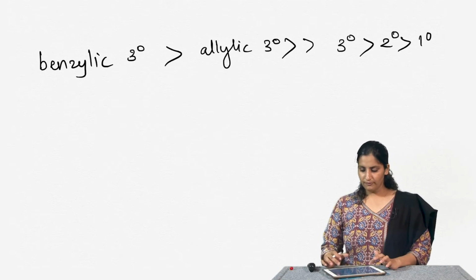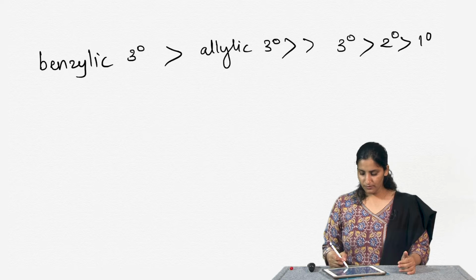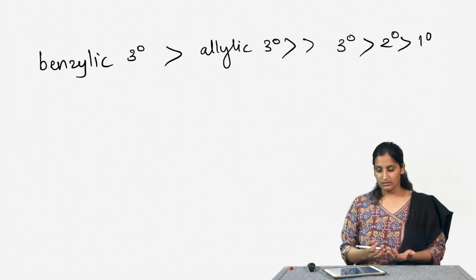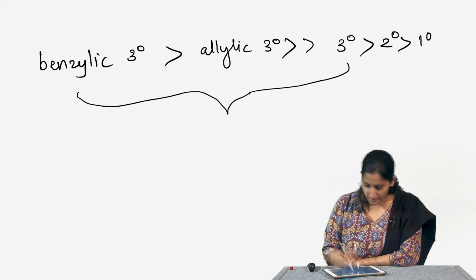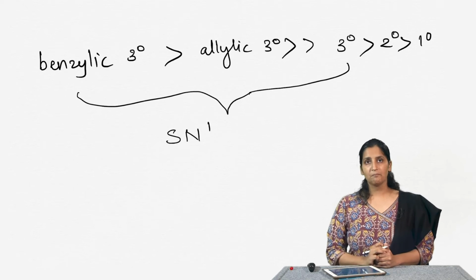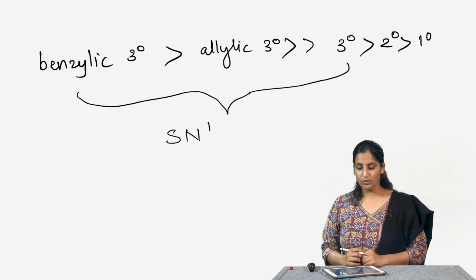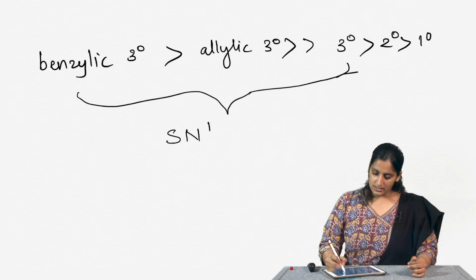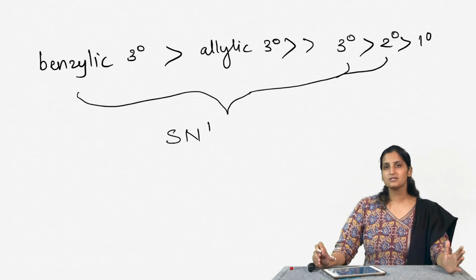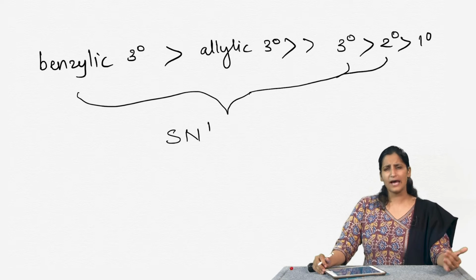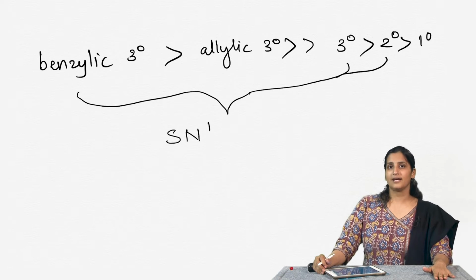Now, if I want to put this into perspective, we observe the SN1 type reactions happening mainly for this group. These compounds will undergo SN1 type of reactions. Some of the secondary compounds can also undergo SN1, but it is not really favored for them, or it happens at a much slower rate.